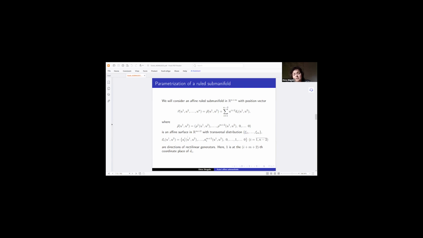If all of these vectors are constant, we have a cylinder. If not, we have the general case, so it is a ruled affine submanifold.